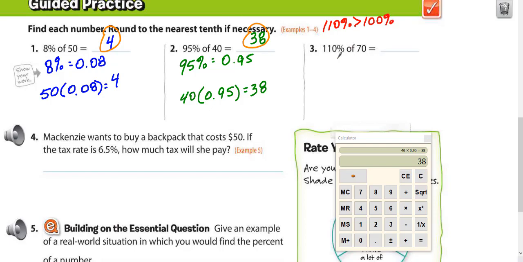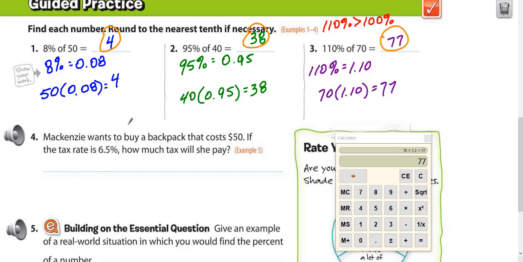So when we change 110% to a decimal, we're going to end up with 1.10. We're going to multiply 70 times 1.10. 70 times 1.1 equals 77, which is your answer to number 3.